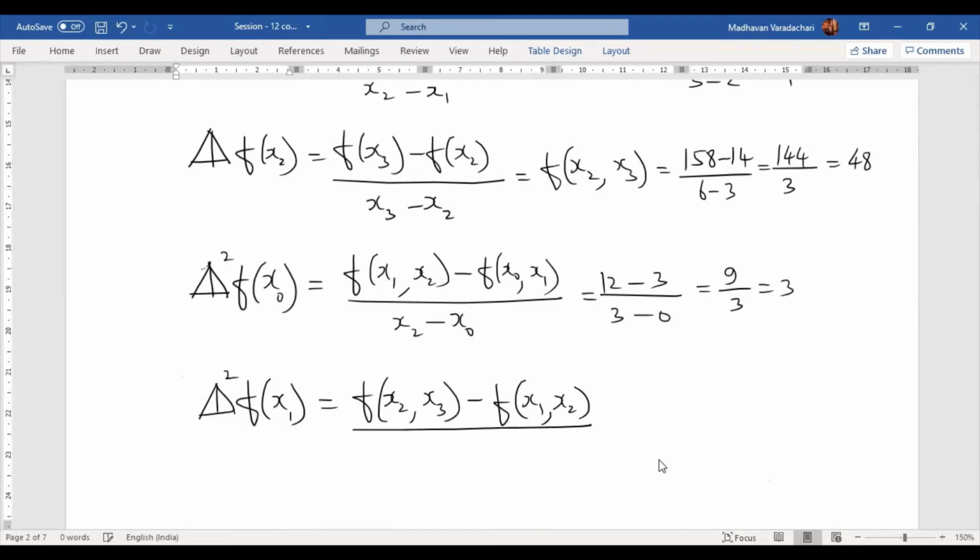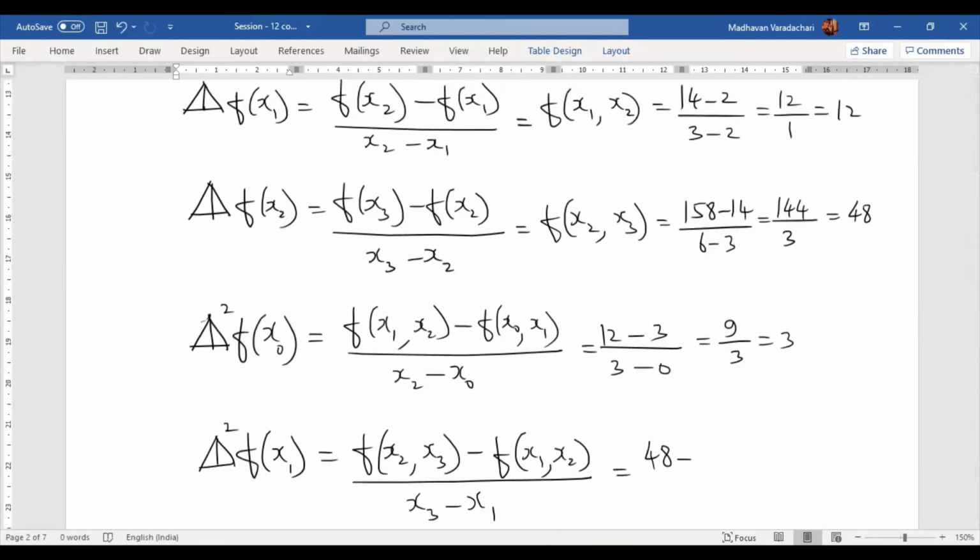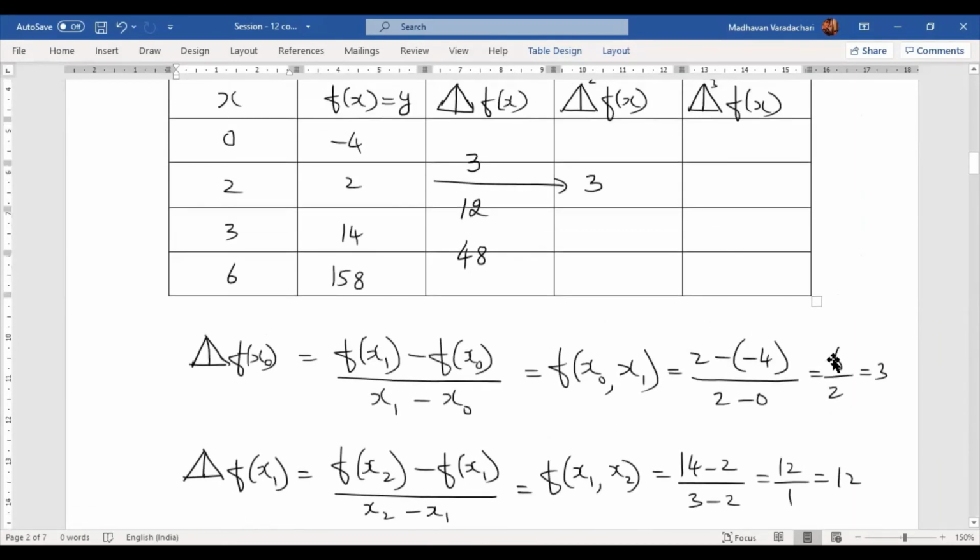Divided by x3 minus x1. So it is 48 minus 12 divided by 6, which is our x3, minus x1. What is x1? It is 2. So here it is 36 by 4, so it becomes 9. There I can write in the center 9.